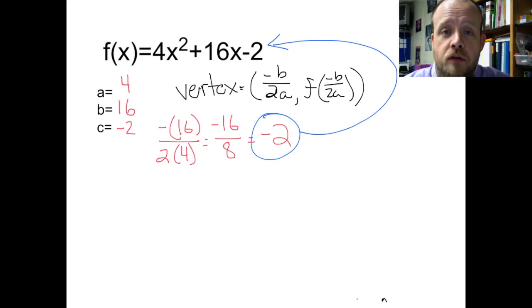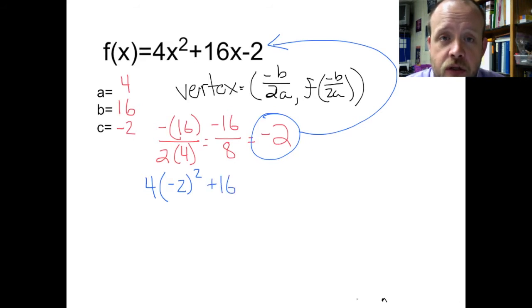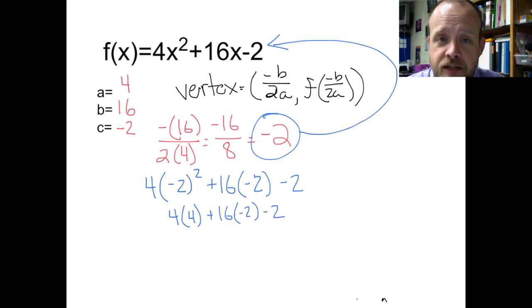So 4 times negative 2 squared plus 16 times negative 2 minus 2. Keep solving that out. We get 4 times 4 plus 16 times negative 2 minus 2. 16 minus 32 minus 2.